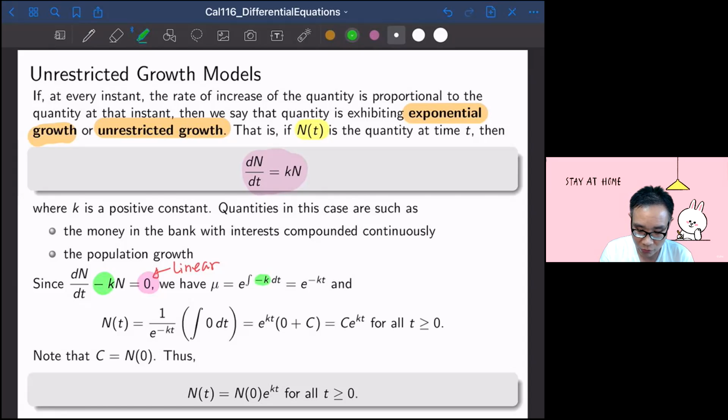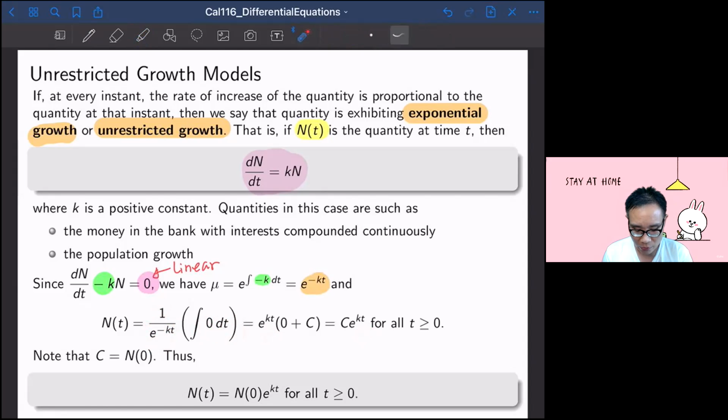After you have your mu, you're able to find N(t), which is 1 over mu times the integral of mu Q dt plus c. This turned out to be 0 because your Q is equal to 0. So it's e to the kt times 0 plus c, so it's c e to the kt.